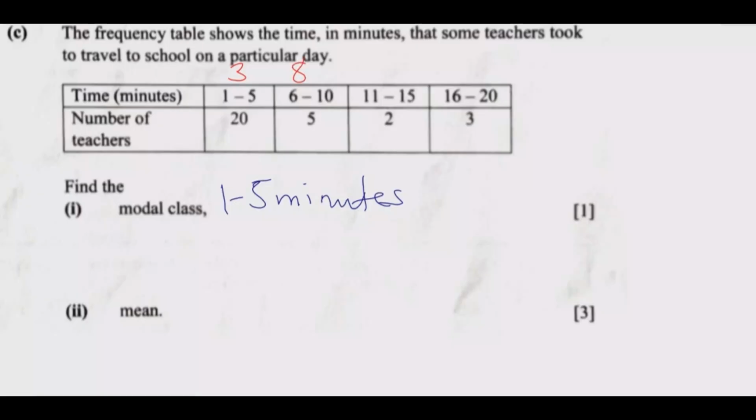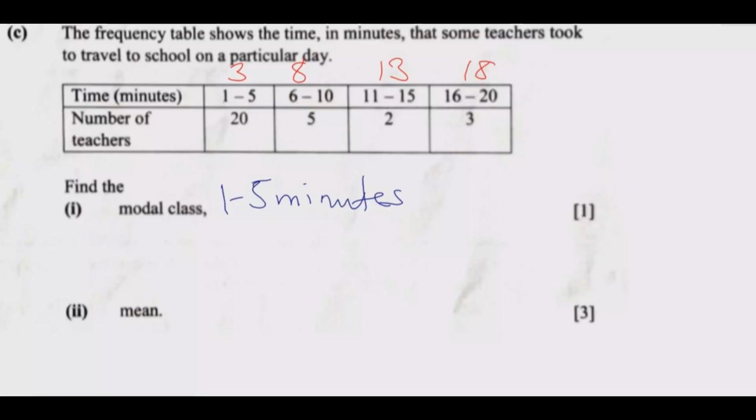Here it will be 11 plus 15 will give me 26. 26 divided by 2 will give me 13. Here it will be 16 plus 20 will give me 36. 36 divided by 2 will give me 18. So these are the middle numbers.